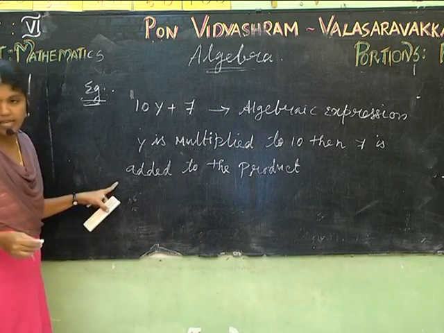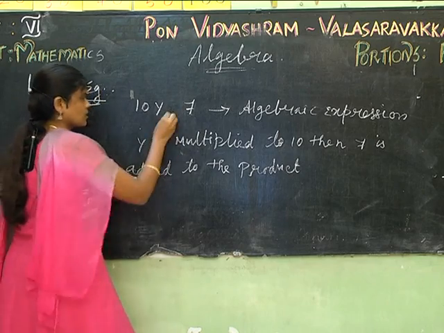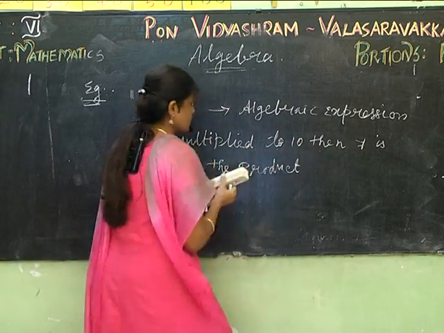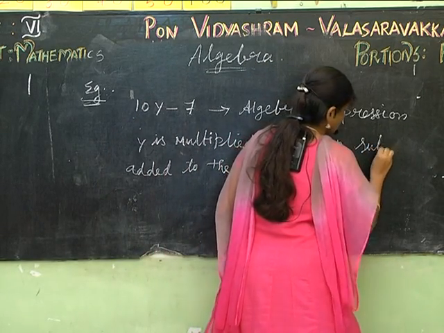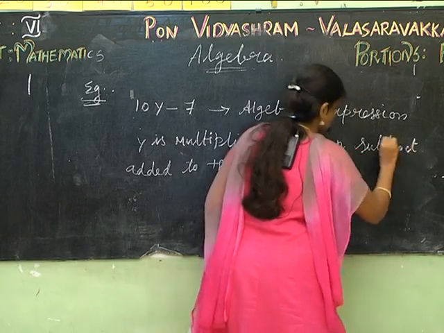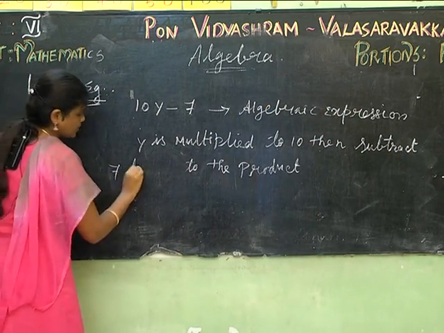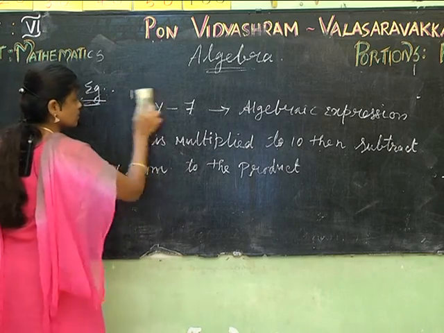Okay, this is a verbal expression. Similarly, if you take minus here, y is multiplied by 10, then subtract 7 from the product. Okay.